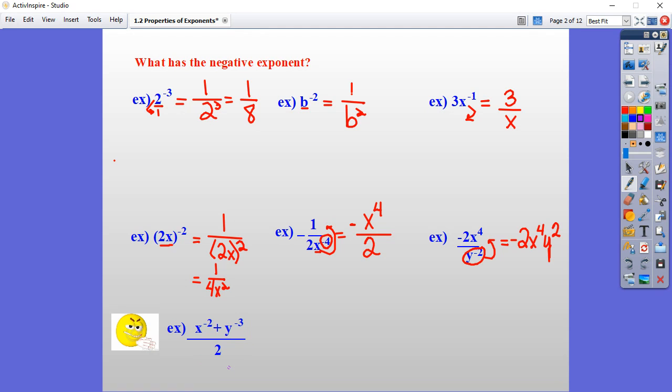But what you're doing is using a property of monomials in a binomial, and that is a no-no in math. It doesn't mean we can't make these negative exponents positive, but the negative exponents are monomials, not within the whole expression here because of that plus sign.